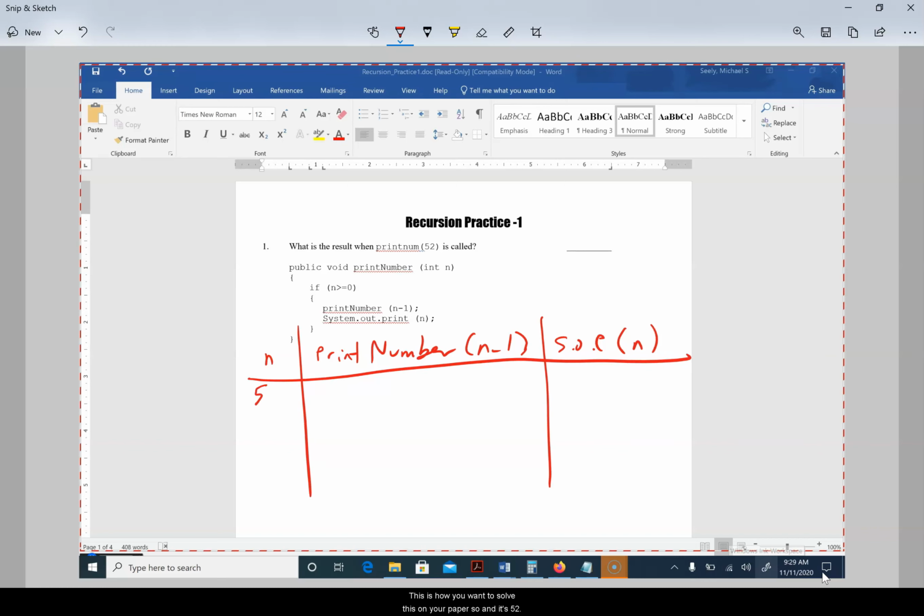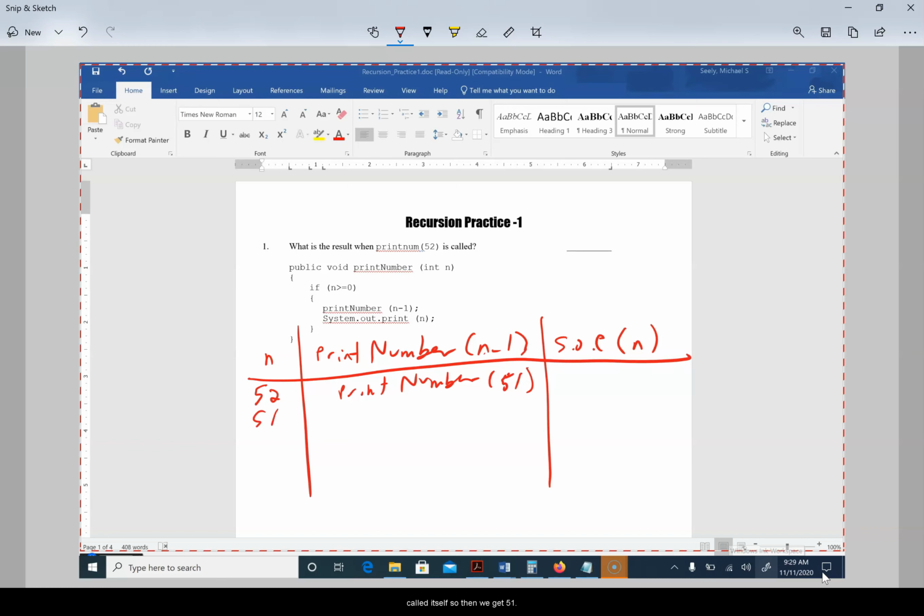So n is 52. So we've got print number, which would be 51 gets passed in because 52 minus 1 is 51. And so we don't print this because, remember, it just calls itself.